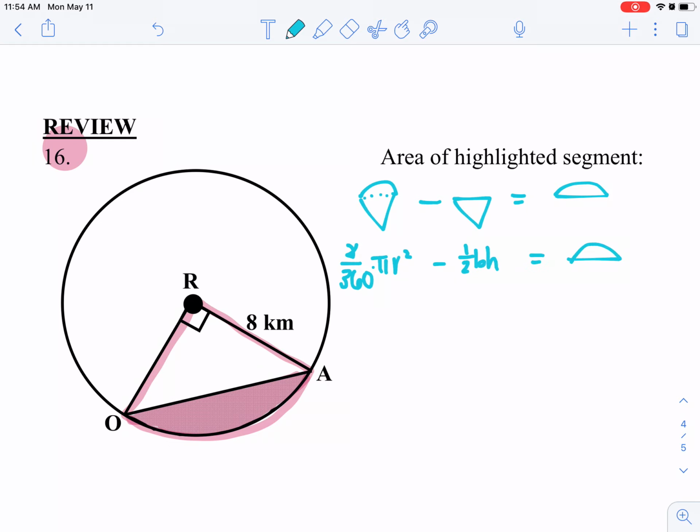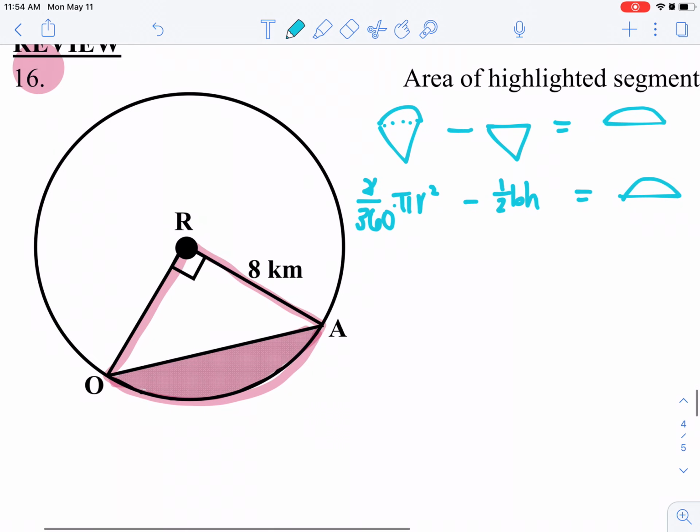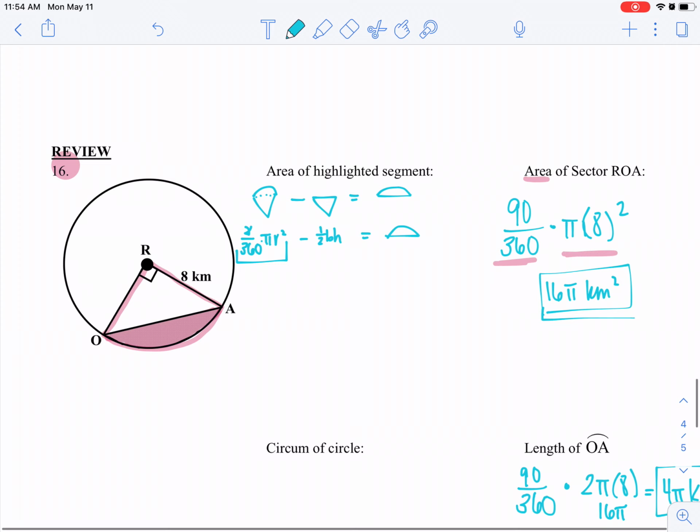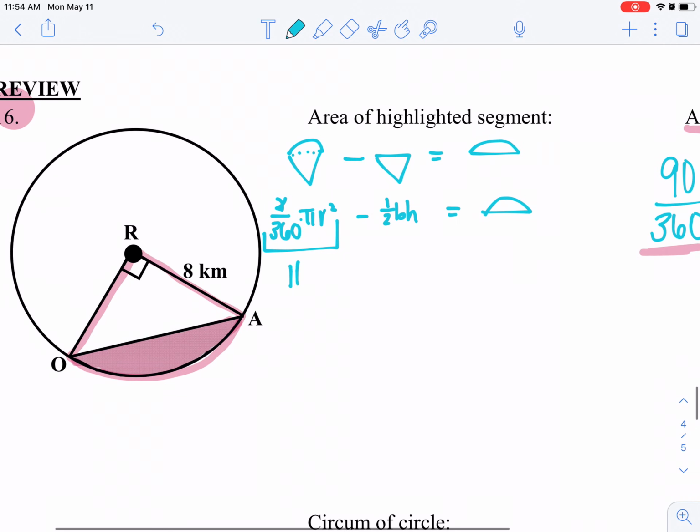and that will get us the area of the segment. So in this case, we already figured out what the area of the sector is, right? We did that over here. So I'm just going to plug in 16 pi. We did that work already. Now we have to find the area of this triangle. So remember, all radii are congruent. So if that's 8 kilometers, this is 8 kilometers. And the base and the height must always be perpendicular, right?